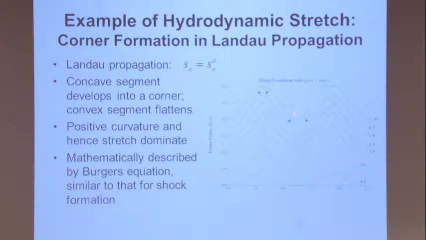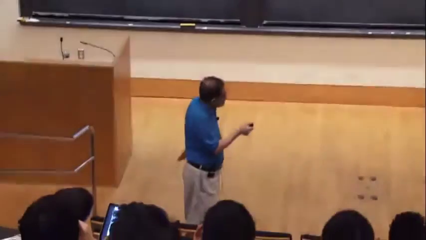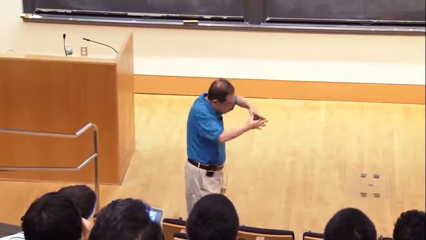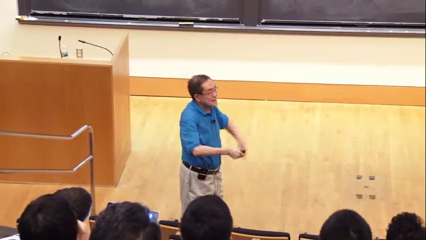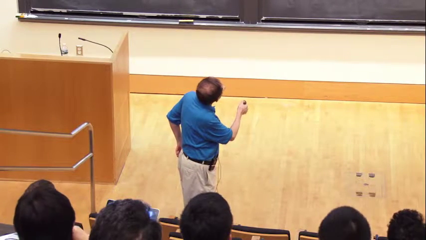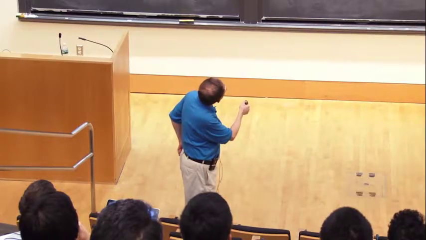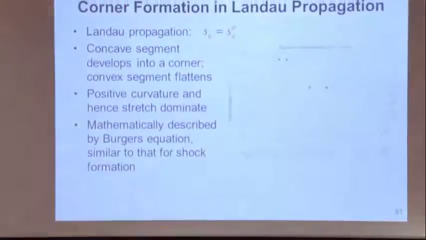So in this case, where this is convex and this is concave, the flame will always go towards each other, right? Whereas in this case, the flame will move away from each other. So therefore, in this case, eventually it will form a corner. Whereas in this case, it will stretch out.